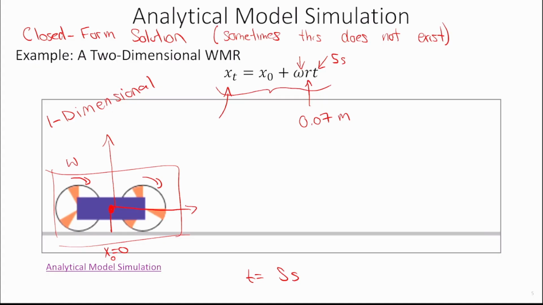So maybe we say that the angular rate is 1 radian per second. So if we know all those quantities, and we define us as having started at x naught is equal to 0, we can compute this without having to do any more complex form of simulation. And so I can show you what that would look like.